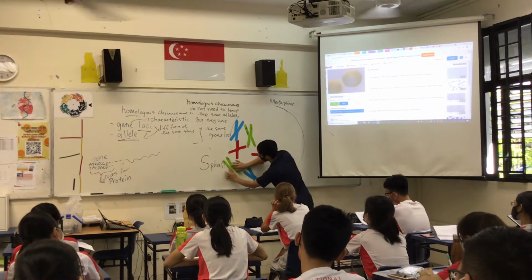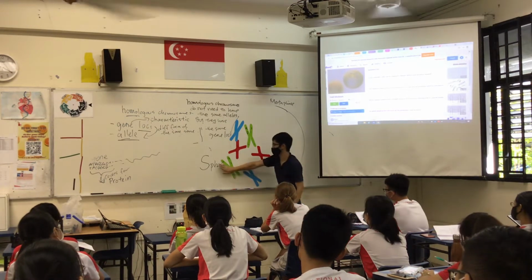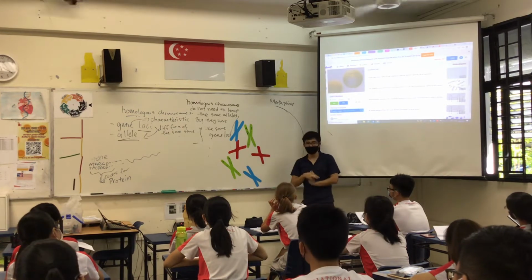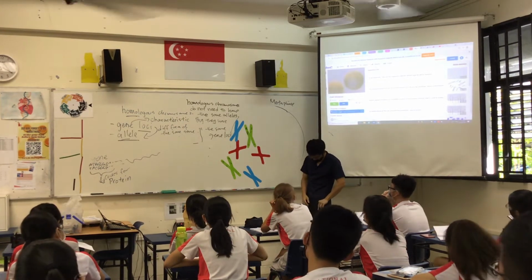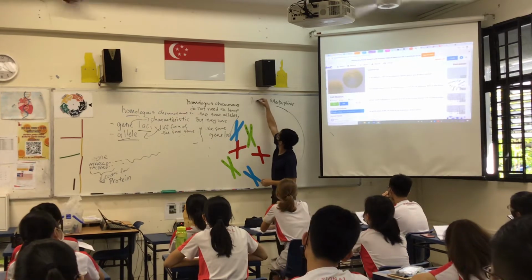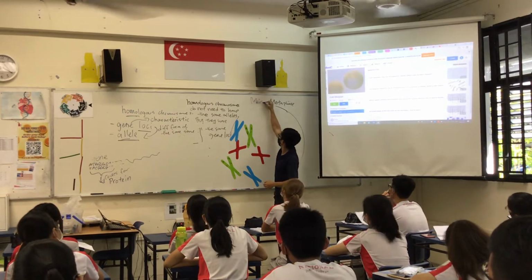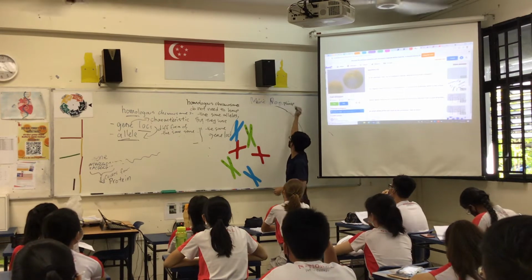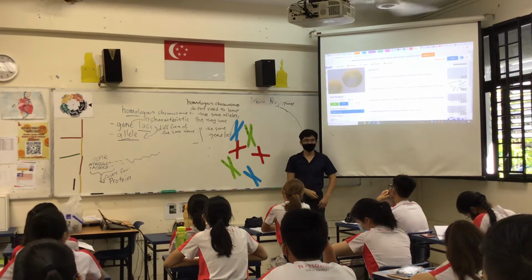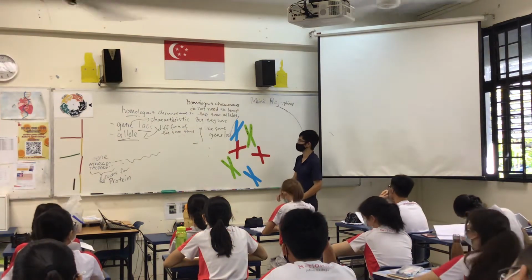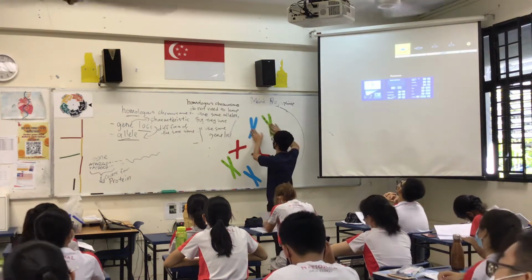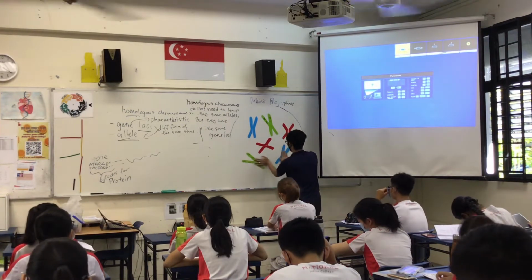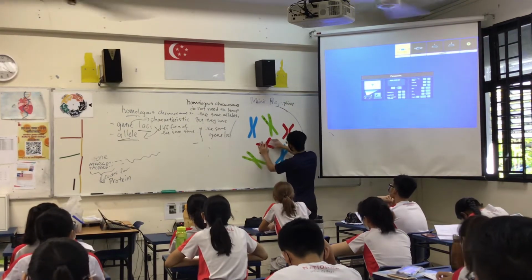How is meiosis any different from the process of mitosis? It takes some time to think about. What would it look like in meiosis prophase, using these same chromosomes? Feel free to talk to your friends.